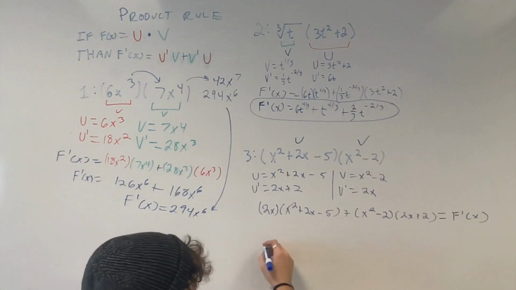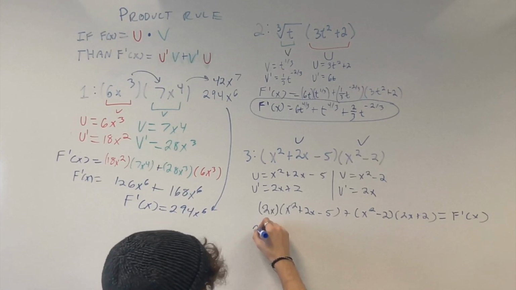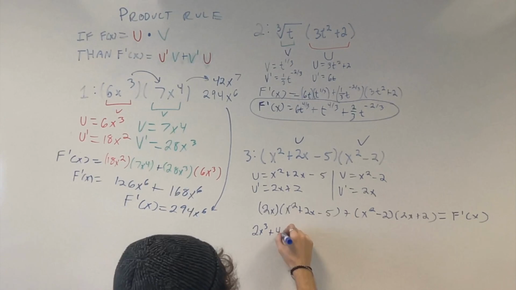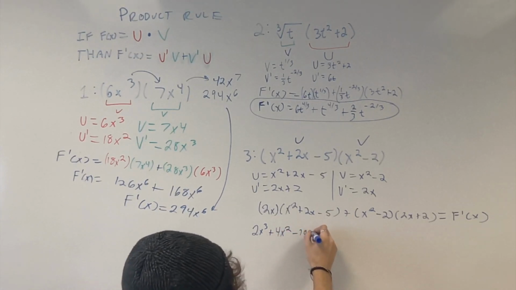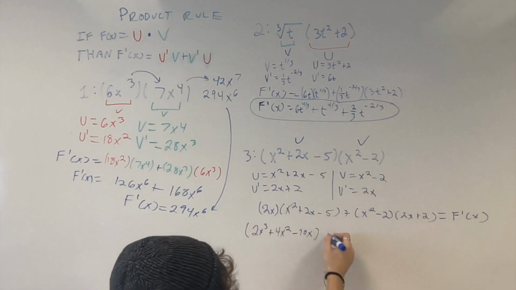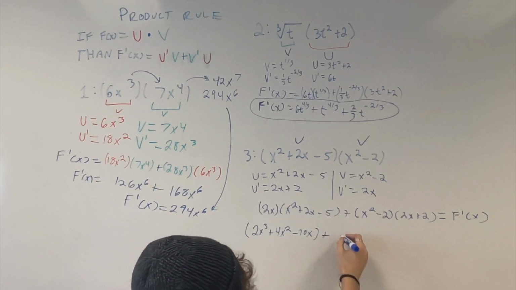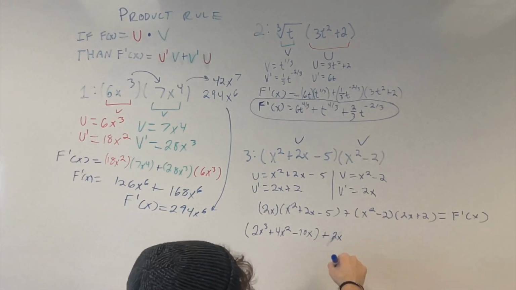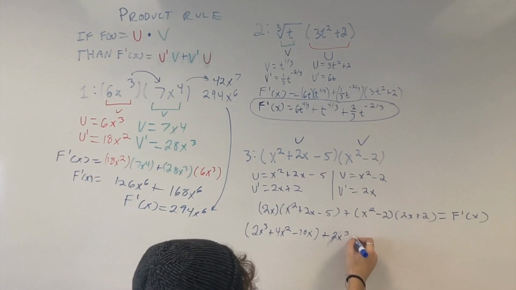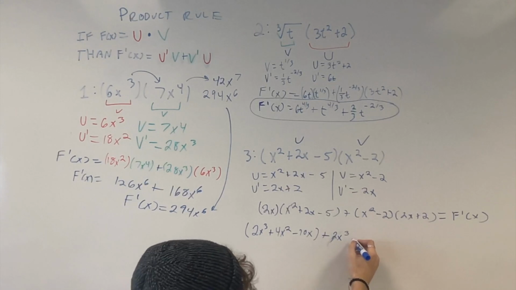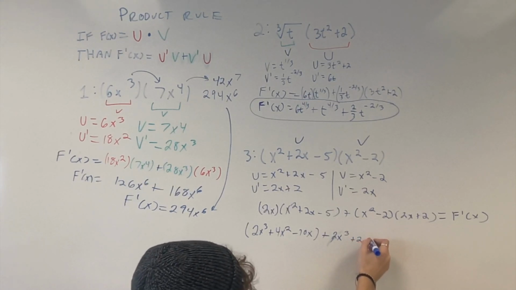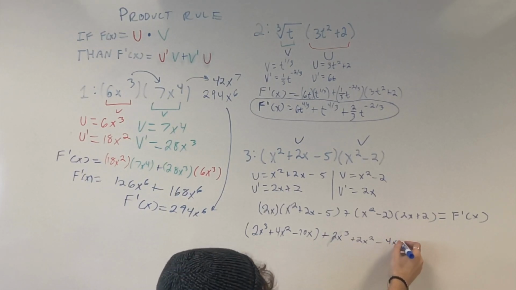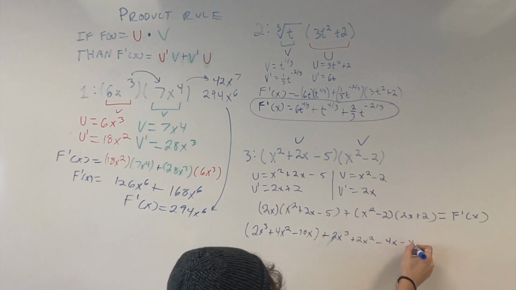So we're going to distribute the 2x, so that's 2x to the third plus 4x squared minus 10x, quantity added to, and we're going to FOIL here, 2x to the third plus 2x squared minus 4x minus 4, okay?